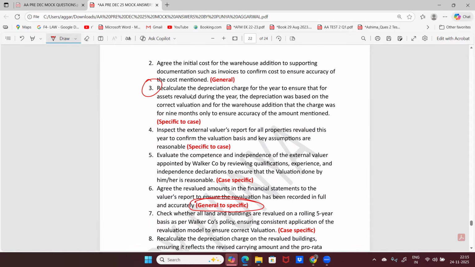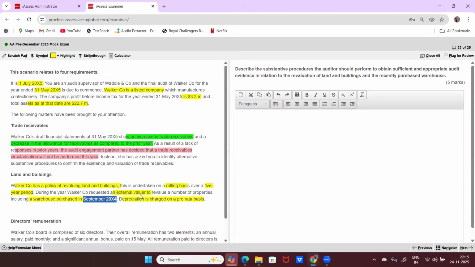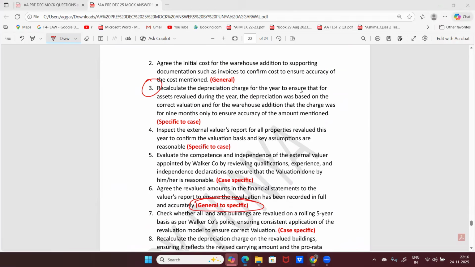Third point. Recalculate the depreciation charge for the year end, to ensure that for assets revalued during the year, of course, because whenever revaluation happens, we also need to increase or decrease the depreciation according to the new revalued amount.